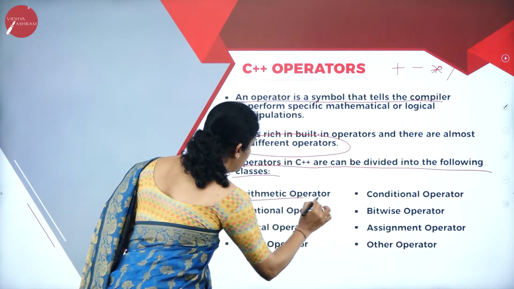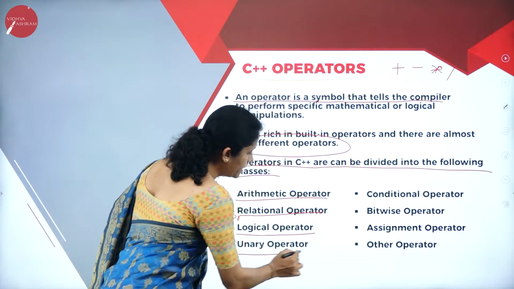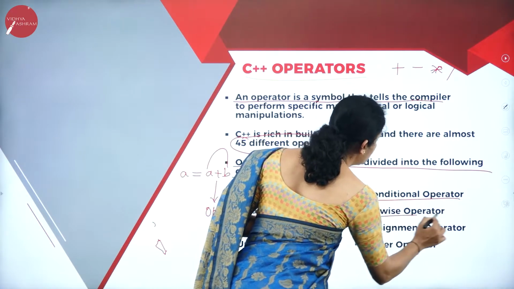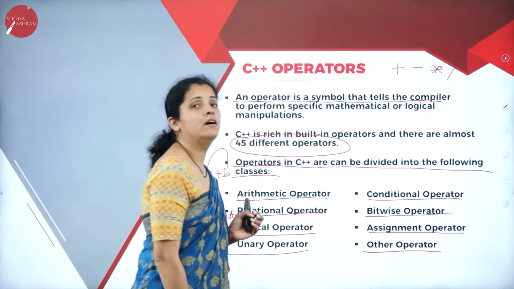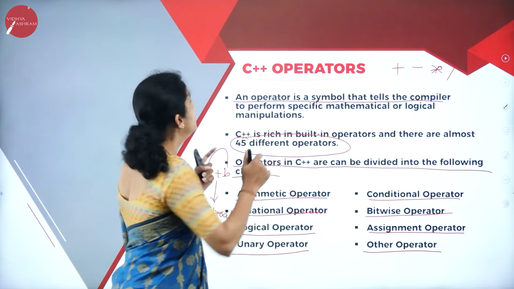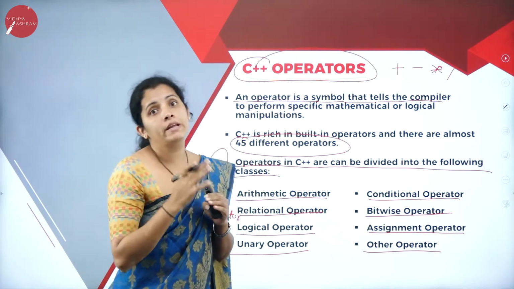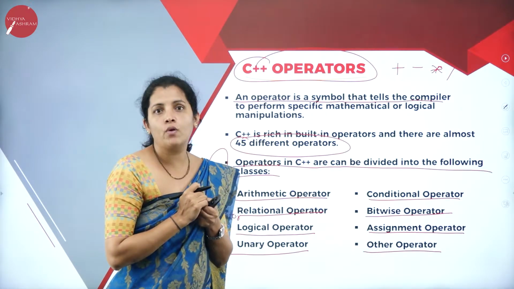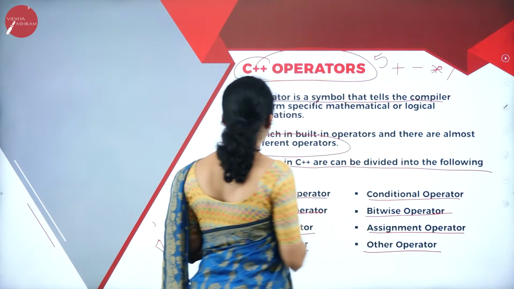They are arithmetic operators, relational operators, logical operators, unary operators, conditional operators, bitwise operators, assignment operators, and other operators. Dear student, just remember that C++ operators are a very important topic from the examination point of view, and you can expect a 5-mark question.